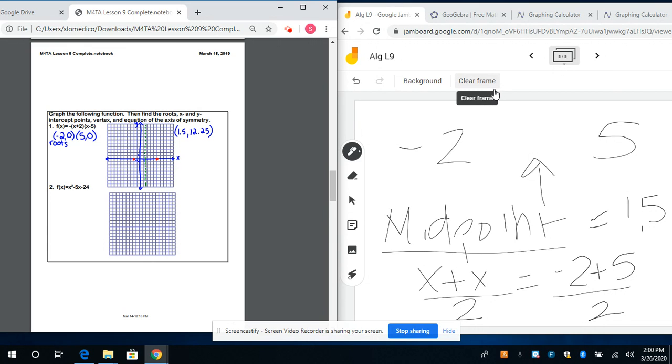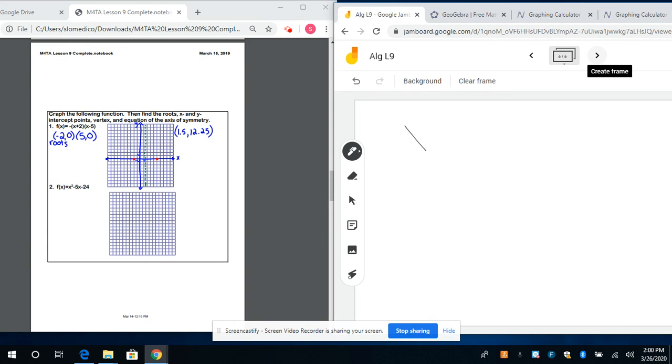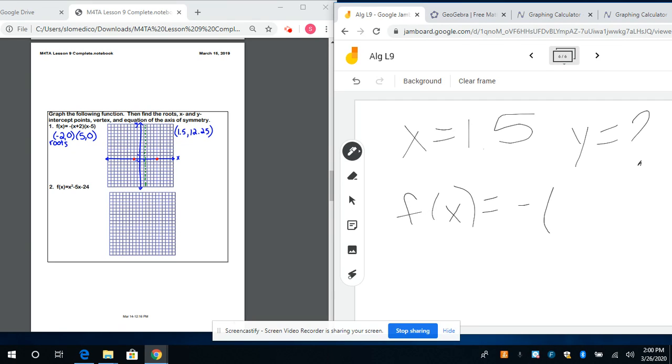Well, now if I know that x is 1.5, how do I find y? Well, you plug it in. So our formula was f of x equals negative (x plus 2)(x minus 5). Oh my goodness. It won't write. Good.